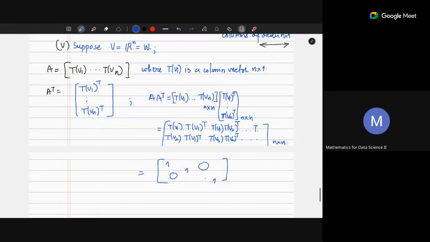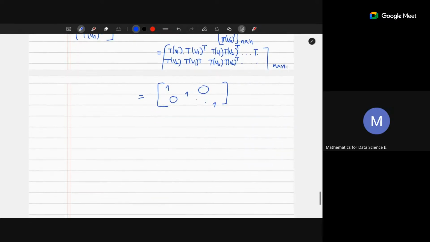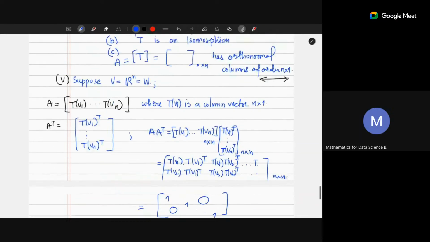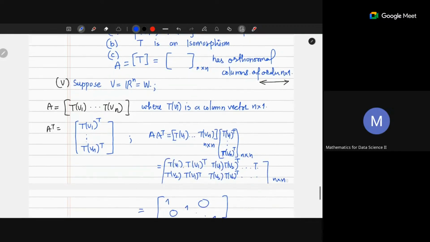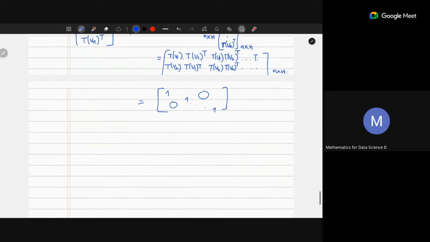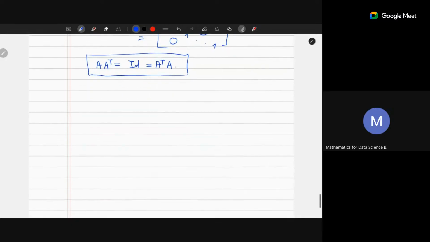Matrices of this kind, we define these matrices as a special type. So in particular, if you have an orthogonal transformation from Rn to Rn, then they correspond to matrices which satisfy this identity. All right. So you can independently define these matrices as well.